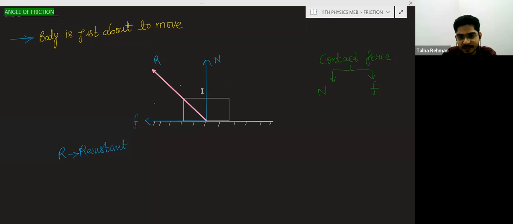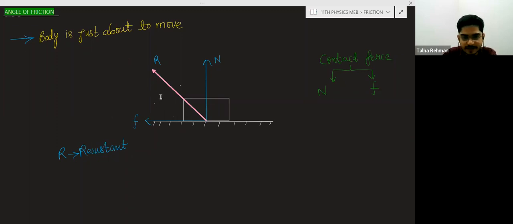Okay. So basically this normal reaction is also a contact force. Why is normal reaction a contact force? Because there is a contact between the surface and the body, and due to that the force acts on the body. And friction is also a contact force, because there is a contact, then also there is friction.